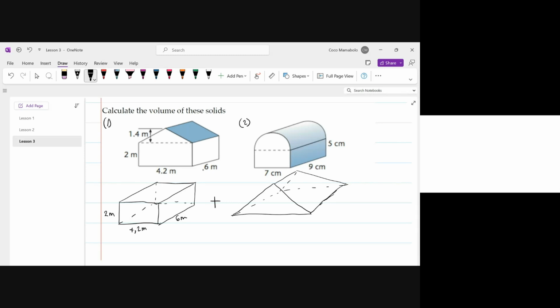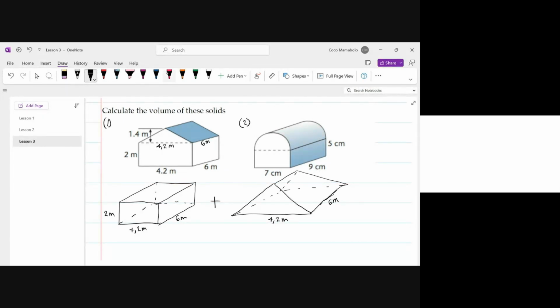If this part over here is 6 meters, that part of my triangular prism is also 6 meters, which means this side over here, this very badly drawn side, is also 6 meters. If this part of my rectangular prism is 4,2 meters, that part over there is also 4,2 meters because it's a rectangle, which means the base of my triangle is 4,2 meters.